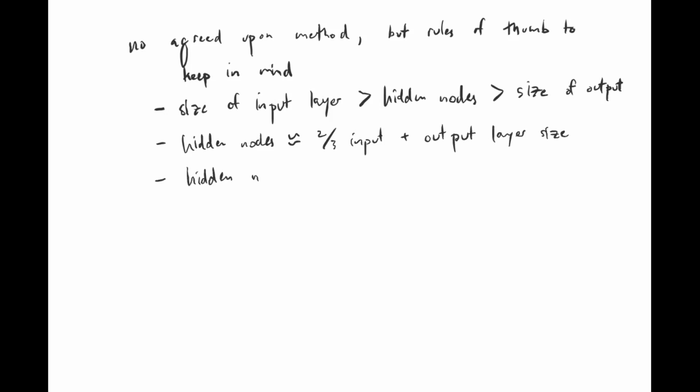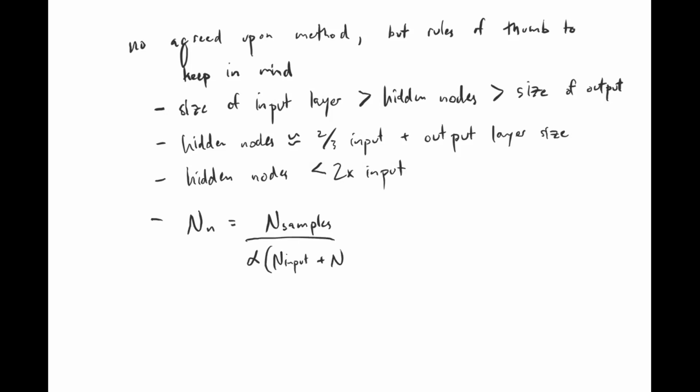Hidden nodes less than 2x input. And also, yeah, these are all different examples, or common examples that I've seen, for the number of nodes.